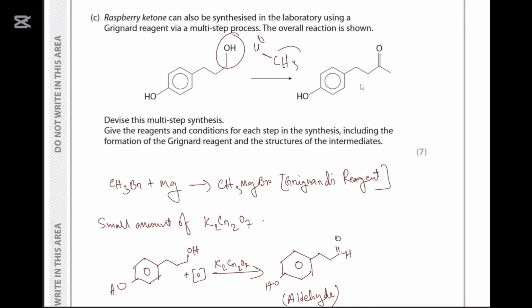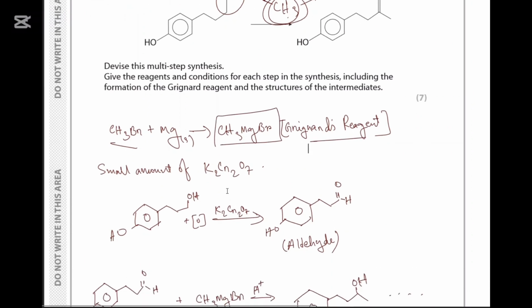This is where we're going to need the Grignard reagent. Since only one methyl group is added, we need bromomethane, CH3Br, and make it react with solid magnesium, and this will create CH3MgBr, which is our required Grignard reagent.